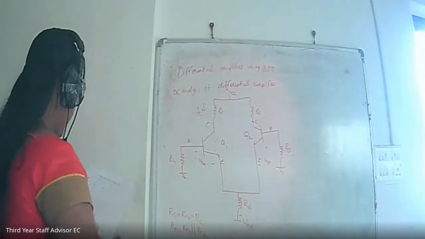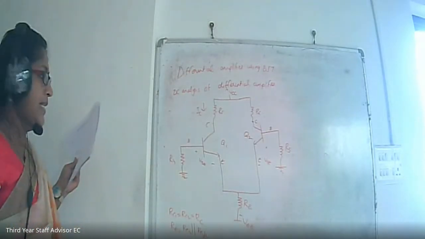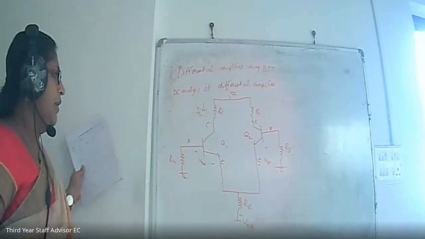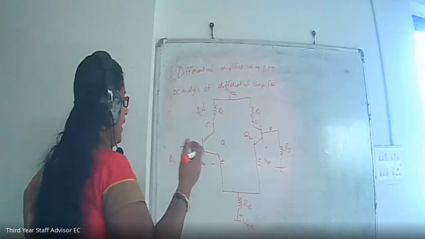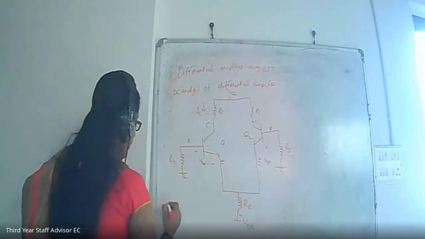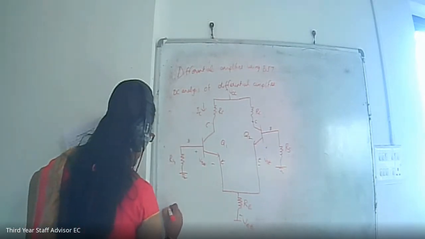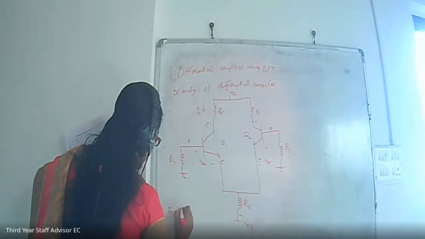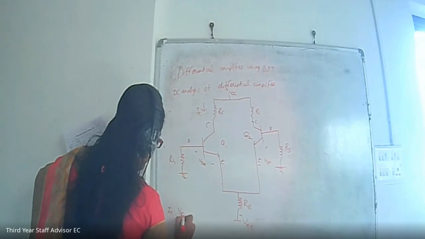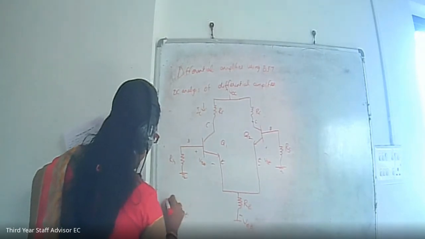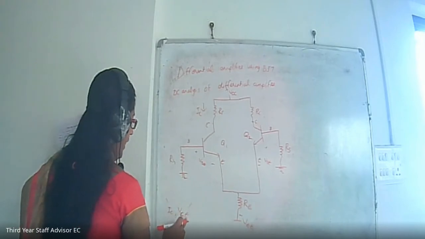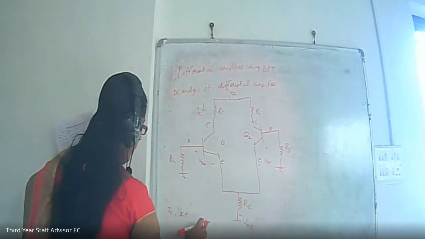So in the DC analysis, we are going to analyze this circuit. What we are doing is finding the quiescent point, that is quiescent IC and VCE. These points we have to find out, that is the collector current and collector to emitter voltage corresponding to the quiescent operating point.